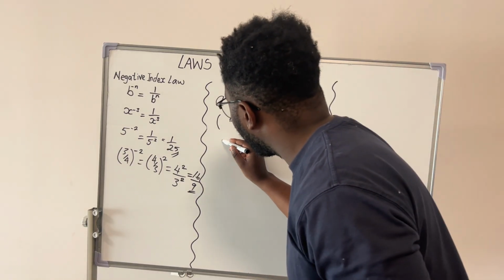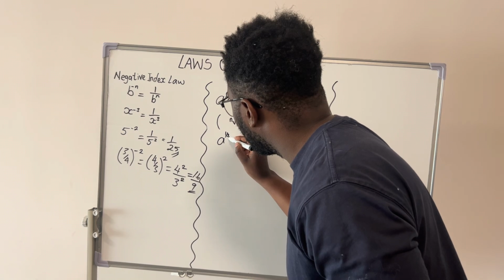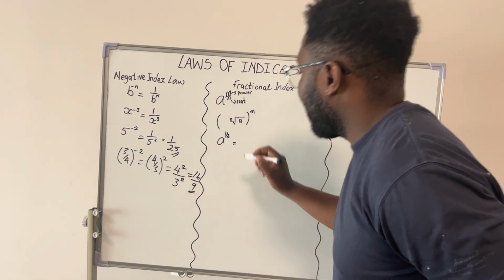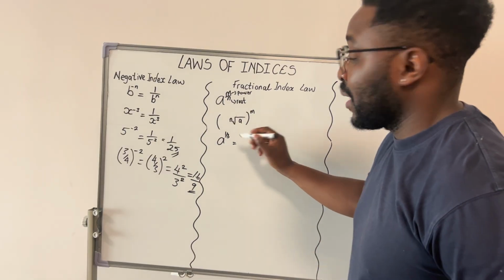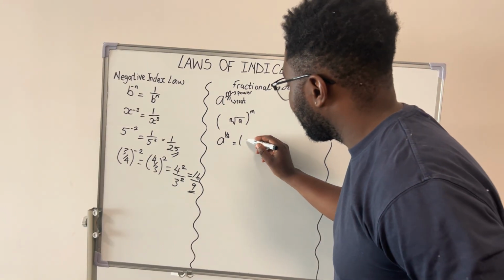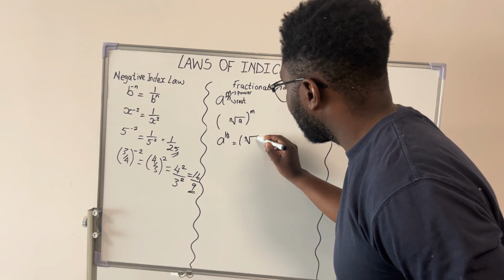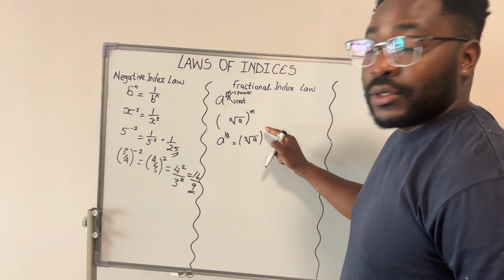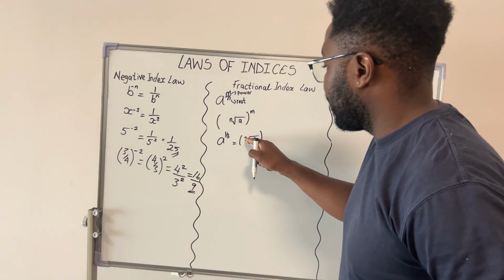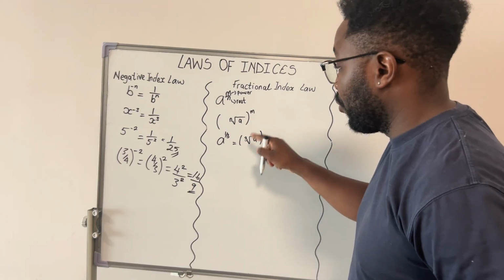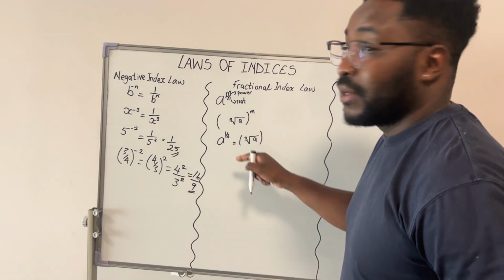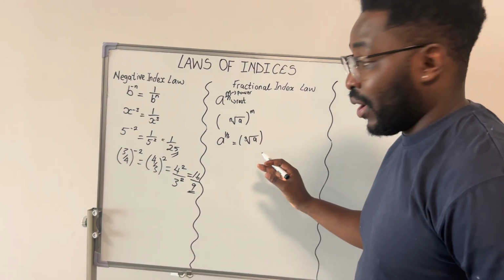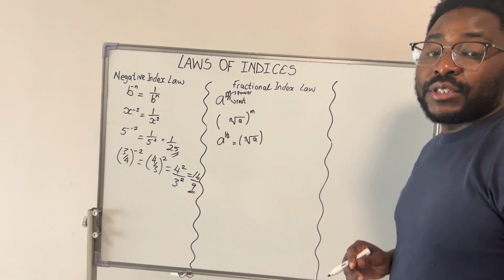Let's say we have a raised to 1 over 3. The denominator is the root, which is the cube root, and the numerator is the power. The numerator is 1, so we can just leave it like that. We have simplified it.